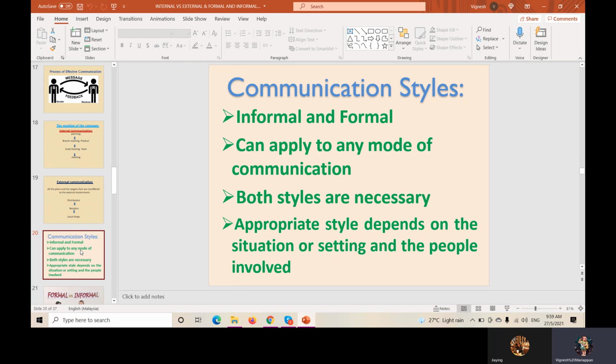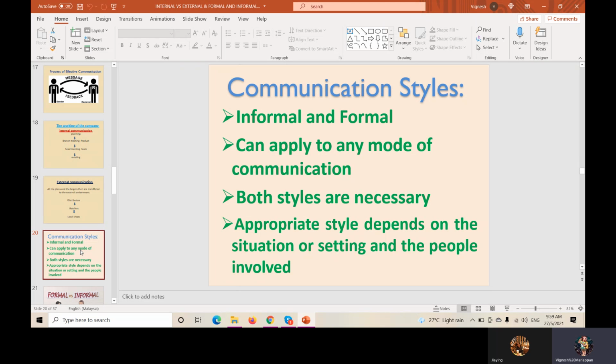We can apply any mode of communication, but both types are necessary. It depends on the situation or on the people who are involved in the communication.